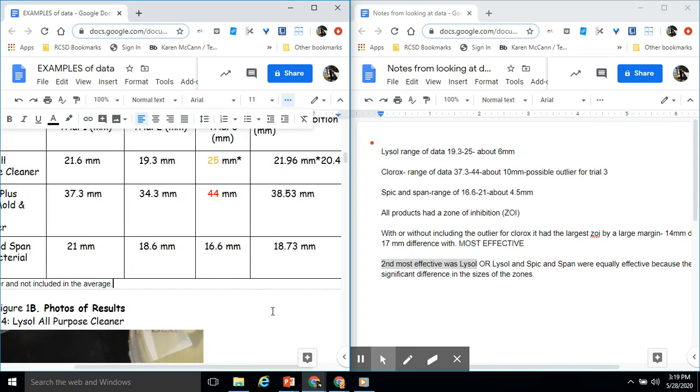But the idea here is for both of these, this is the most effective, but you could have also gotten away with saying that they are equally effective if you took out this outlier. Then they would be closer in range. But you're just as good with saying for this particular info that the Lysol was second most effective, because this is not a huge outlier. It could be close to the number that's supposed to be. I don't know.